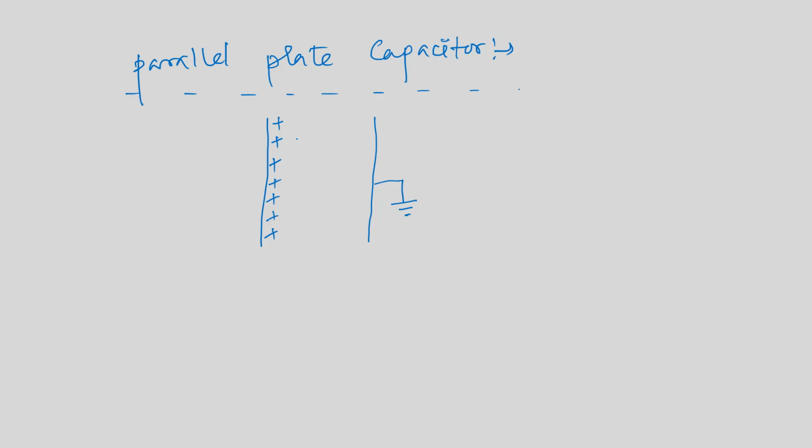As I have given the positive charge to the inside portion of one of the conducting plates, obviously it will induce the opposite charge in this portion of the other plate. So the negative charges will be induced on this face, and on the opposite face again the positive charge will be induced. Why is it happening?